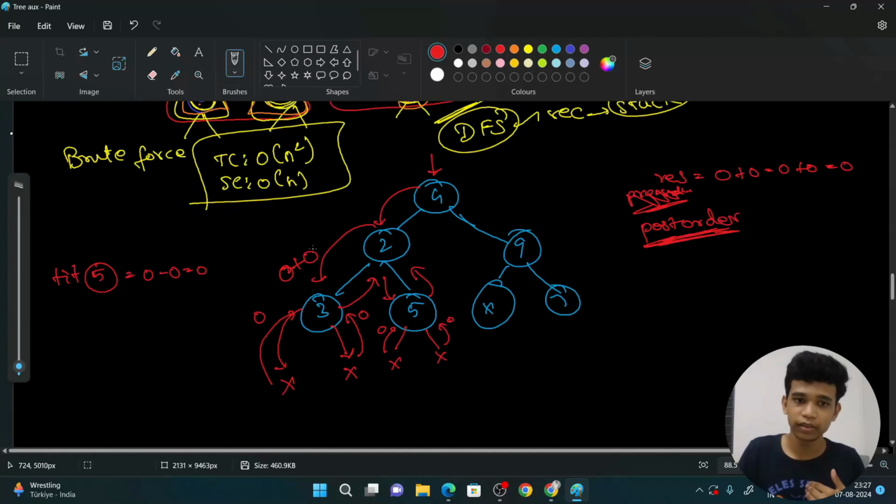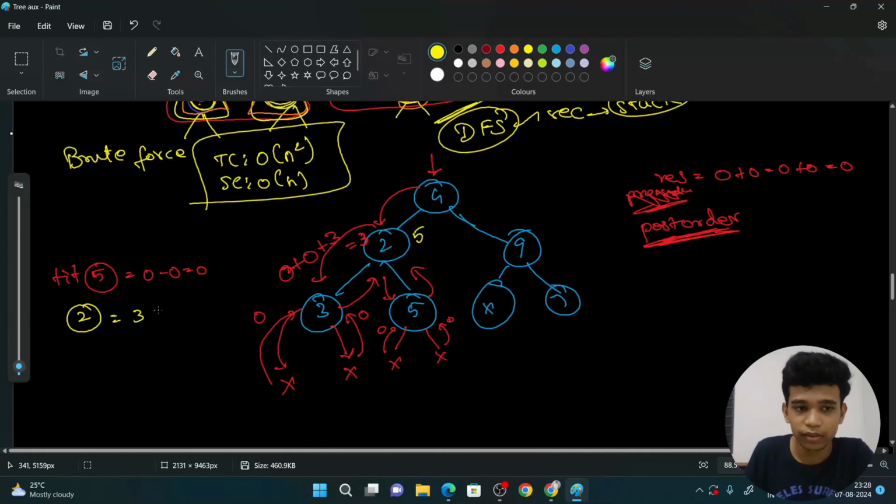My right subtree is also 0. Take myself also, it is 3. So, the value returned from the left subtree is 3. Now, the value returned by the right subtree is 5. Now, the tilt for this node 2 is 3 minus 5. The absolute difference will be 2. Add it. Simple. Okay.